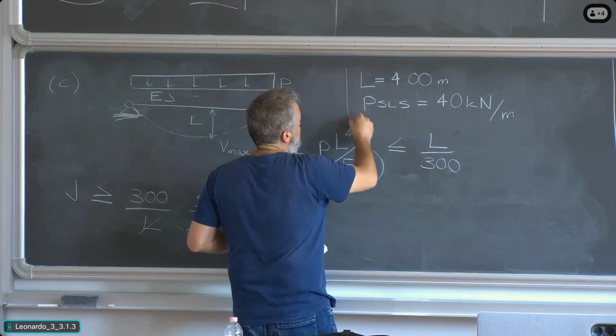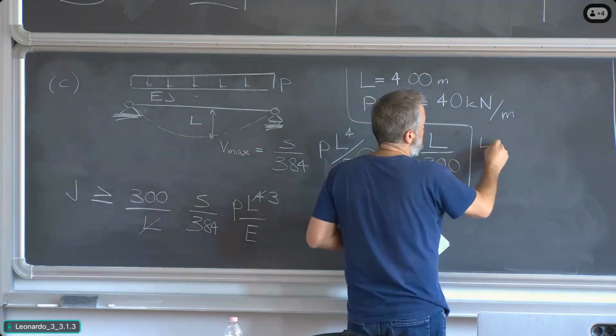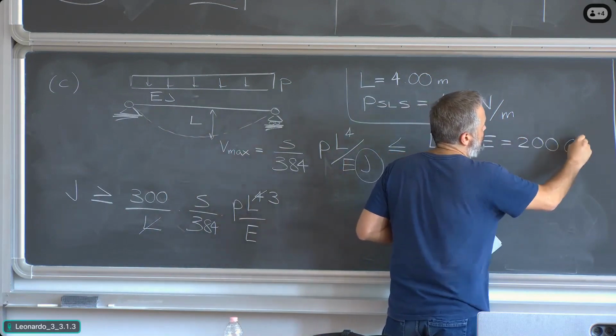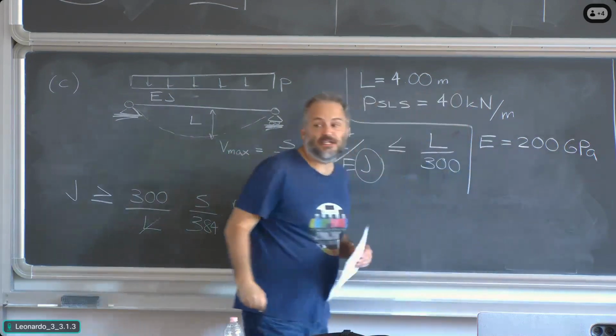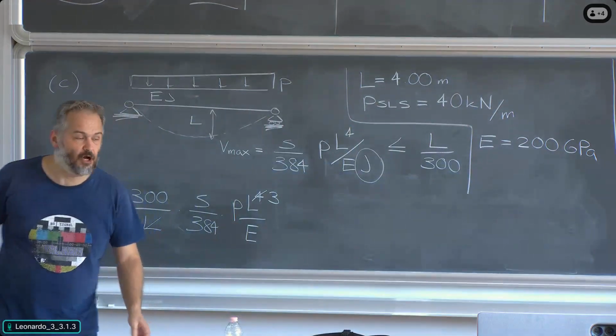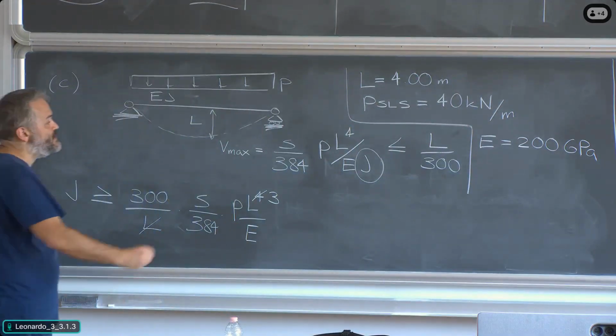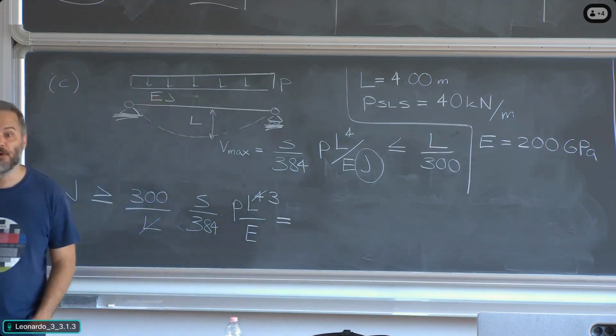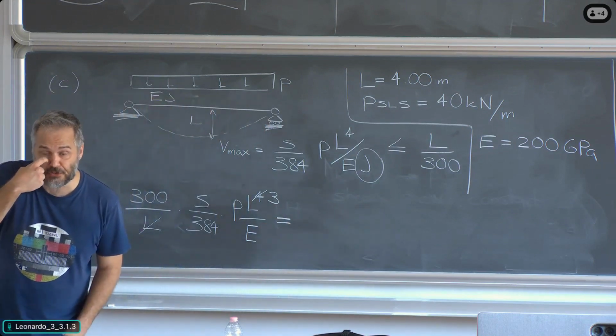And as I said previously, the modulus of elasticity is 200 gigapascal. We don't need anything else. That's as complicated as it gets. So we simply have to replace for the numeric values with the correct units of measure.